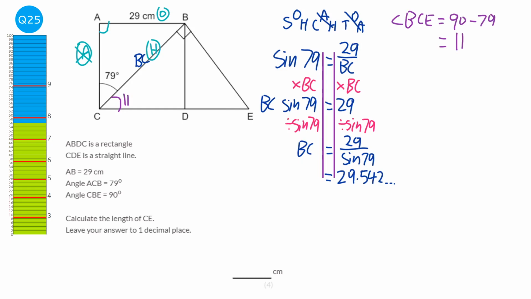So we know this is 11 degrees here, and we have enough information now to work out CE, because we've got this triangle here, and we've got this length here, the BC, and we've got this angle here. So we've got enough information now.